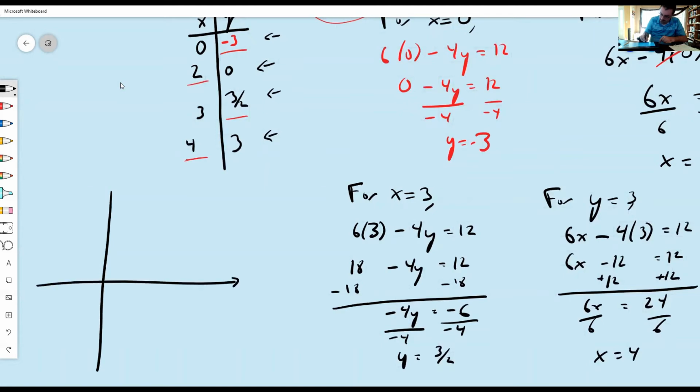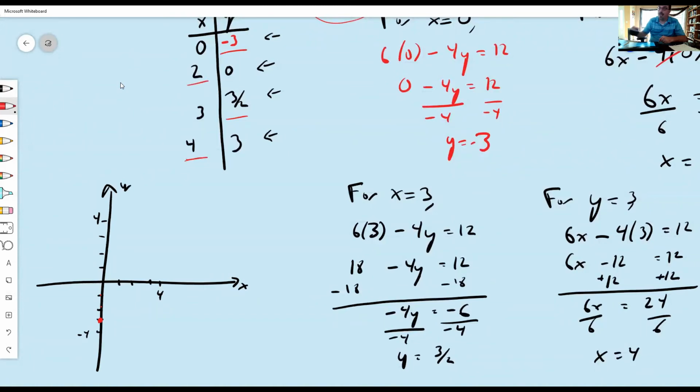Make a graph here, 1, 2, 3, 4, 1, 2, 3, 4. We have the point 0, minus 3. So 0 puts us at 0. I'm not going left or right. I'm going to go down 1, 2, 3.